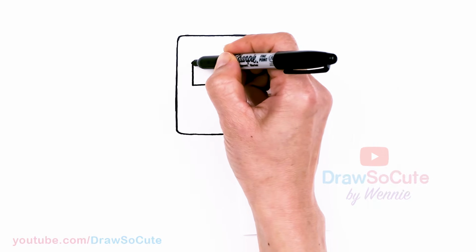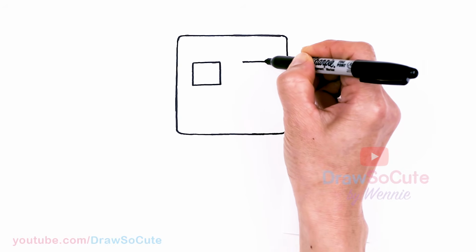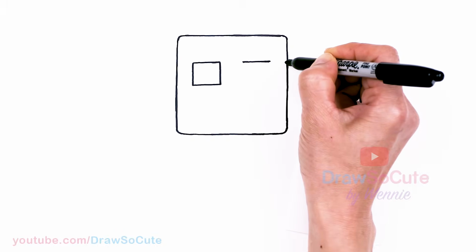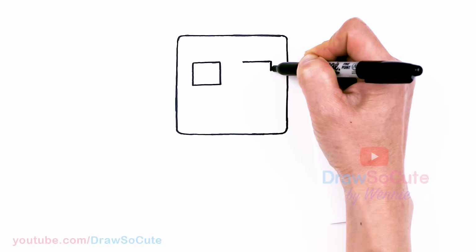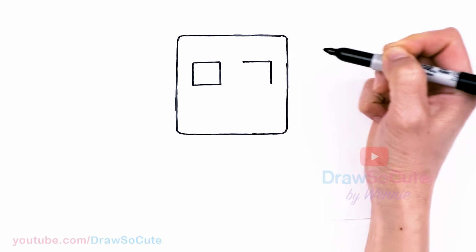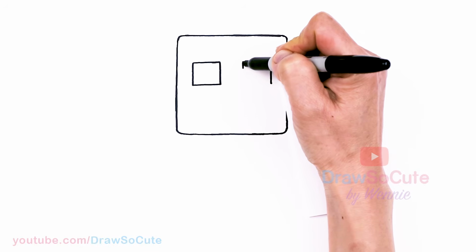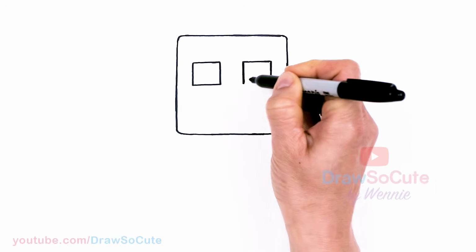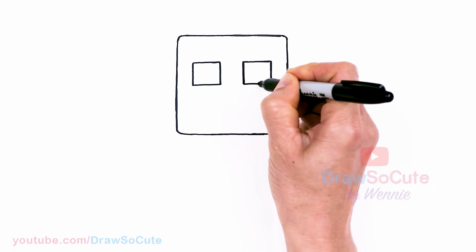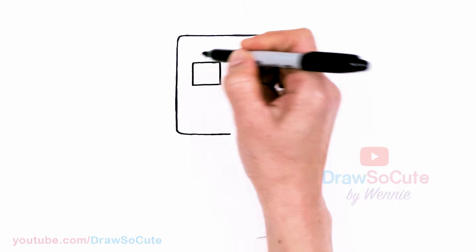So we just want to leave about the same amount of space. So say about right there. Then come down. And so same thing here. And connect. There. Okay, so we got our eyes in.